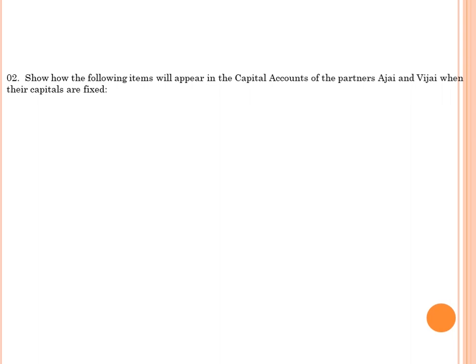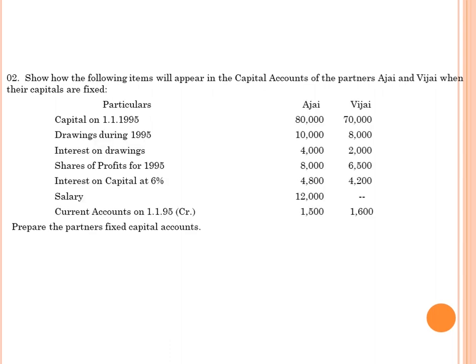Show how the following items will appear in the capital account for the partners Ajay and Vijay. Here the information is given in 3 columns: the particulars, partner Ajay and partner Vijay. Start with the capital. Capital on 1/1/1995, Ajay 80,000, Vijay 70,000. Drawings during 1995, Ajay 10,000, Vijay 8,000.